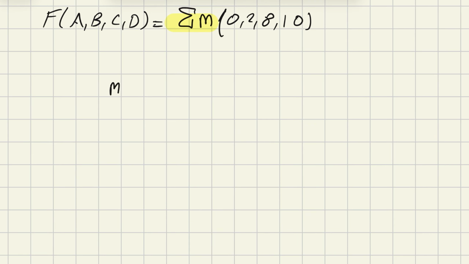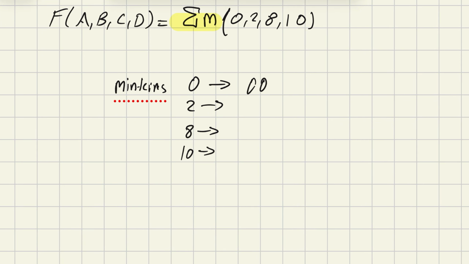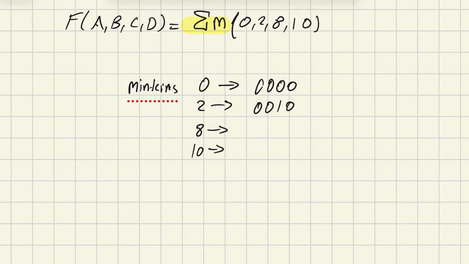So we can essentially say that minterms 0, 2, 8, and 10 would correlate to what value in binary in our K-map, since we know there are logic 1s here. Minterm 0 would be 0, 0, 0, 0. Minterm 2 would be 0, 0, 1, 0.